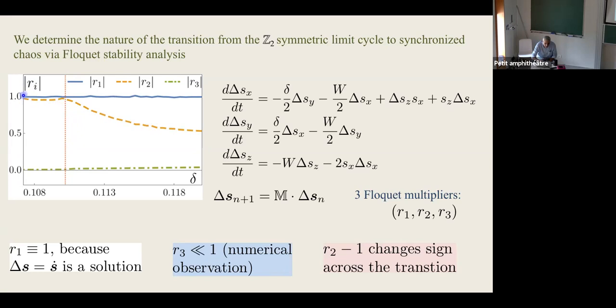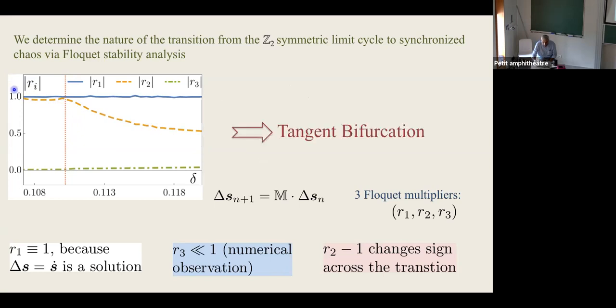After this point, it becomes larger than 1, and so chaos ensues. This kind of bifurcation, when one of the Floquet multipliers becomes greater than 1, is known as tangent bifurcation.